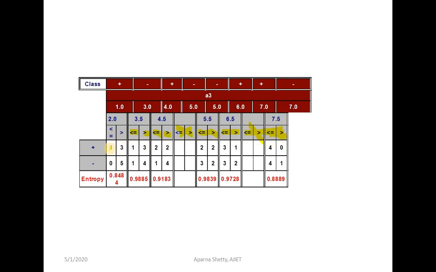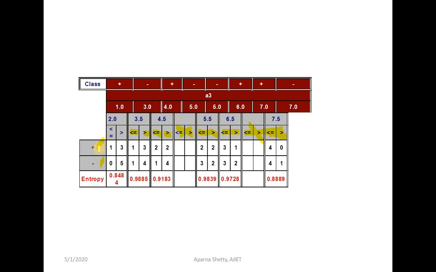Next we have 2 classes, correct? We have plus and minus. Count the number of records that have values less than or equal to 2.0 and belong to class plus.